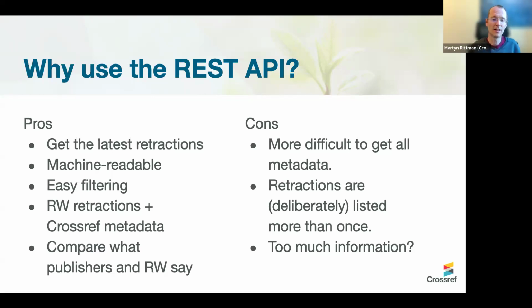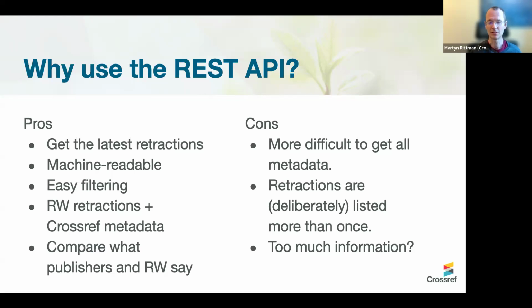Reasons it might not be the right thing for you: it is a little bit more difficult to get all of the metadata and all of the retractions. You'll have to make multiple calls to the API, and if you just want maybe the majority of retractions, you can just use the Retraction Watch CSV file.